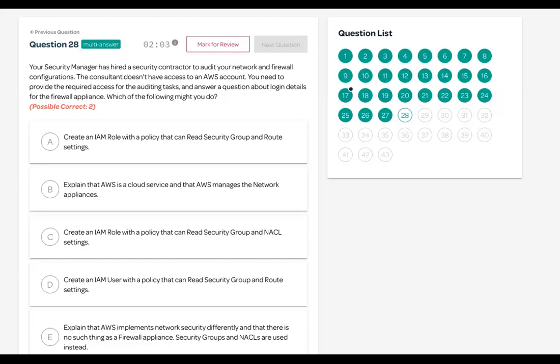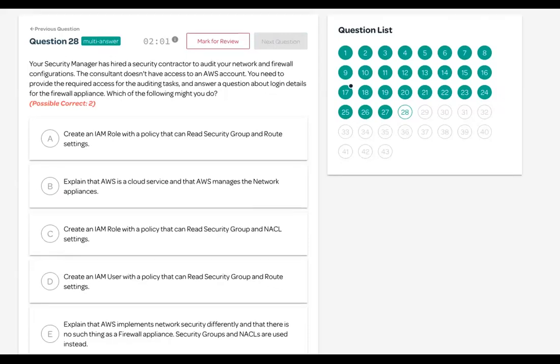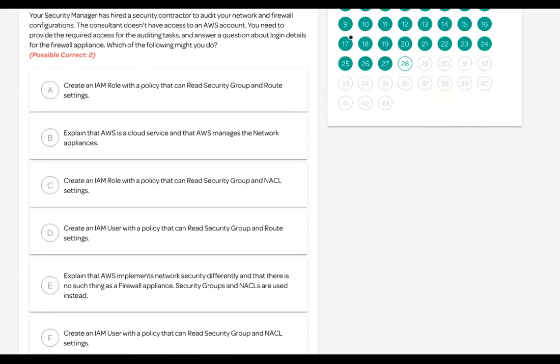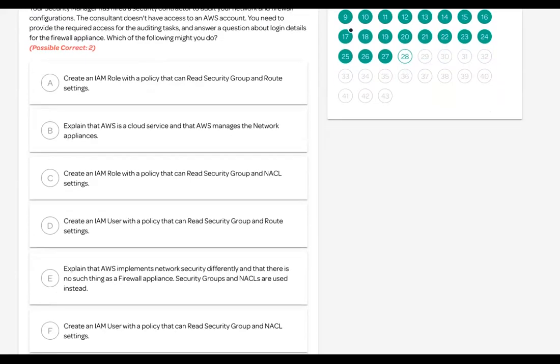Your security manager has hired a security contractor to audit your network and firewall configuration. The consultant doesn't have access to an AWS account, which is important. You need to provide the required access for the auditing task and answer questions about login details for the firewall appliance. Which of the following might you do? Create an IAM role with a policy that can read security group and route settings. An IAM role is mainly attached to a device.